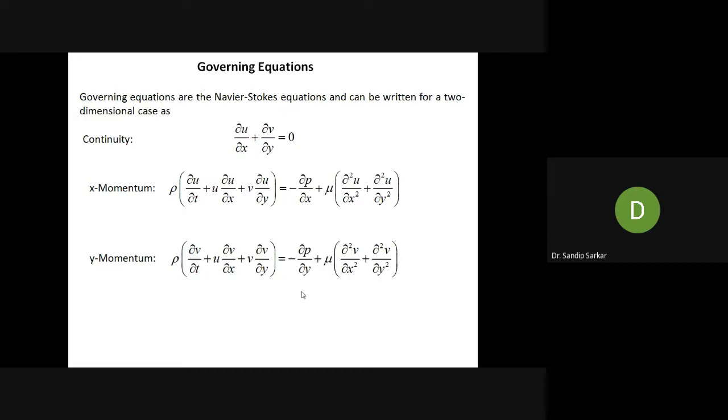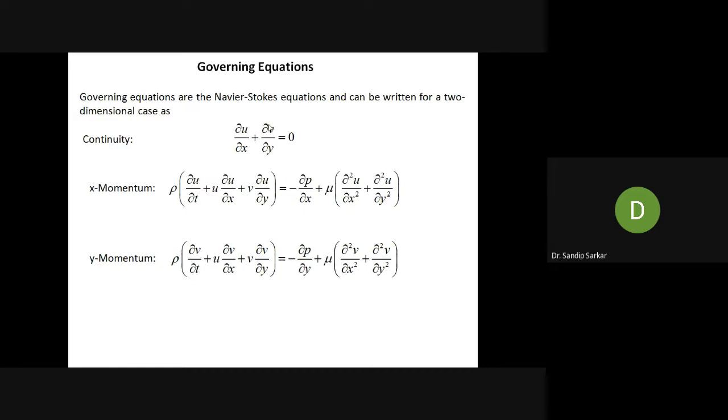For example, there is a fluid flowing inside a pipe. Or, if you remember, in the first class I showed you an animation of flow past a two-dimensional circular cylinder. For that kind of flow, we generally solve only these three sets of equations to characterize the flow past a circular cylinder or flow inside a pipe.